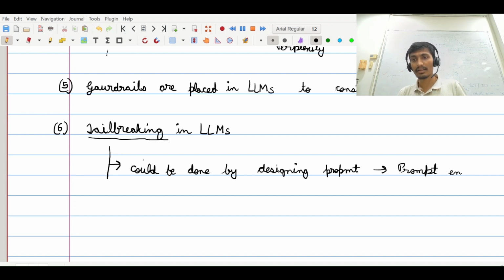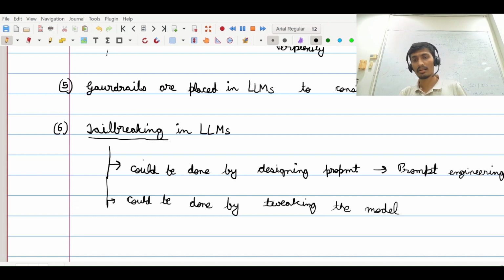Or it could be done by tweaking the model, particularly the open source model.